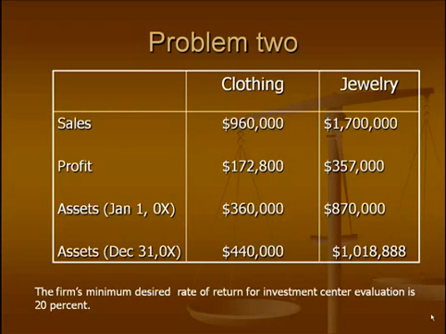So you have beginning assets for a hypothetical year. You have assets on Jan 1 and you have the assets at the last day of the year, which is December 31. The firm's minimum desired rate of return for investment center evaluation is 20%. Now here are the questions.